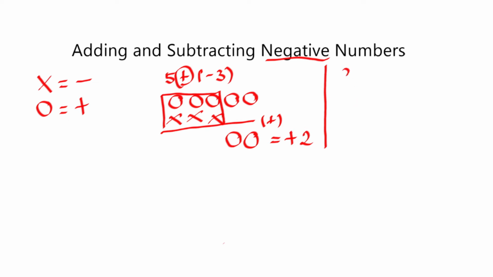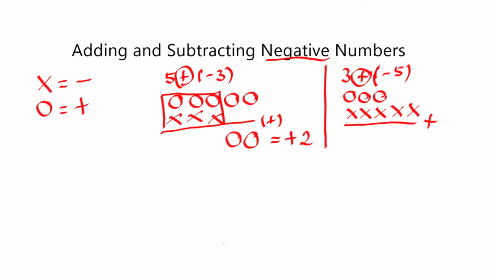Let's try the reverse. 3 plus minus 5. So we have 3 positive counters, 1, 2, 3, and 5 negative counters, 1, 2, 3, 4, 5. And the equation in between them is plus.